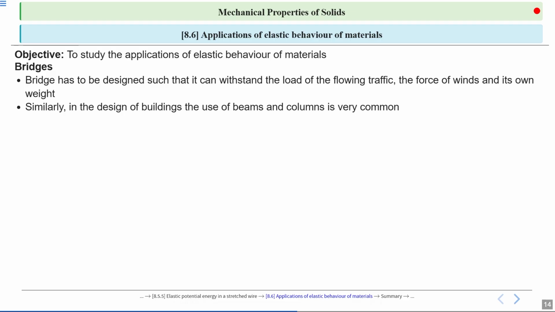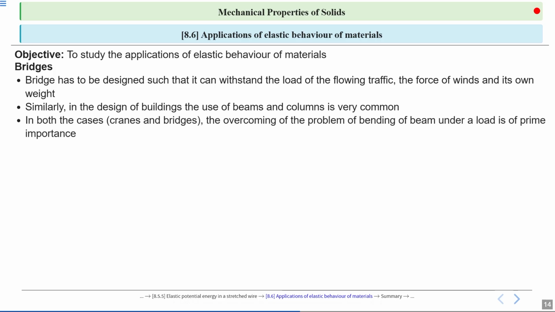Similarly, when we design buildings, we use beams and columns to support the structure. Whether we are talking about cranes, bridges, or buildings, the main challenge is to prevent beams from bending too much under a load. If a beam bends too far, it can become unsafe or even fail.